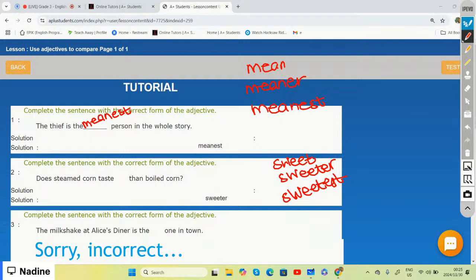So sweet, sweeter, or sweetest. We are comparing it to one more thing.